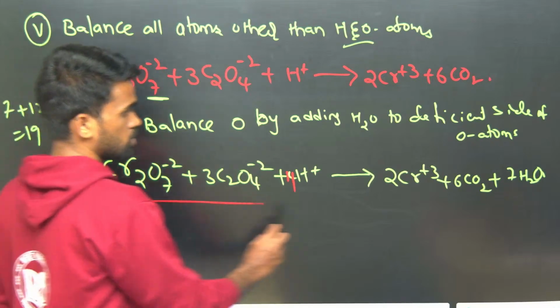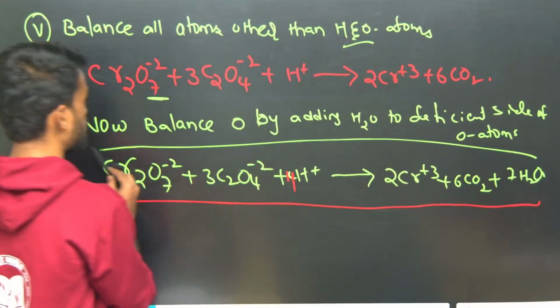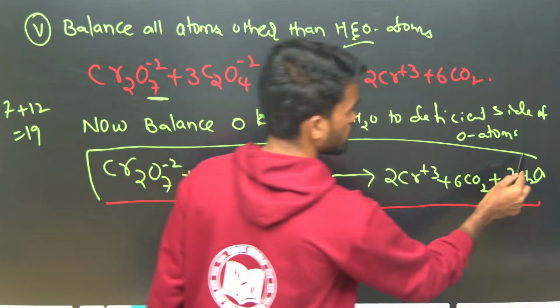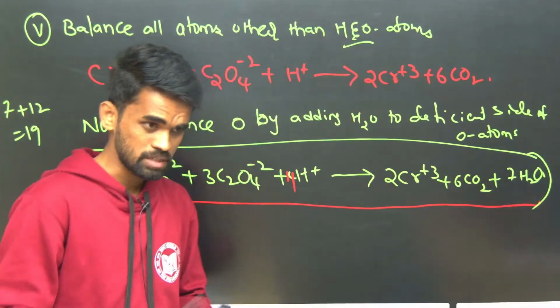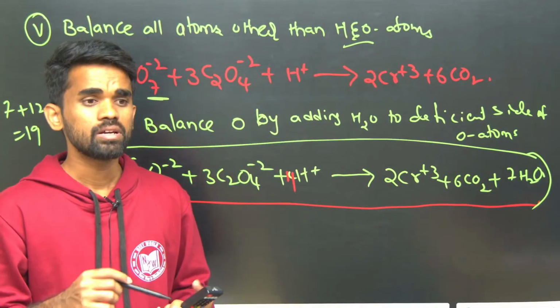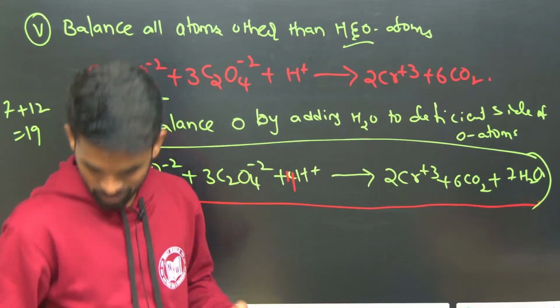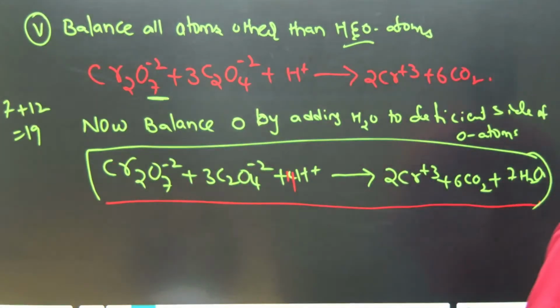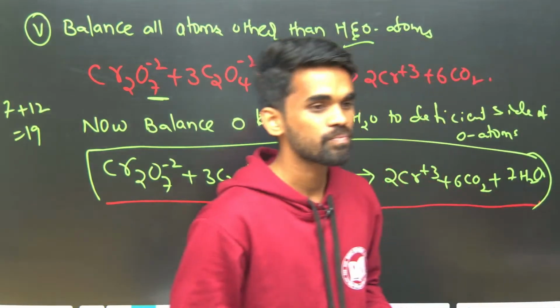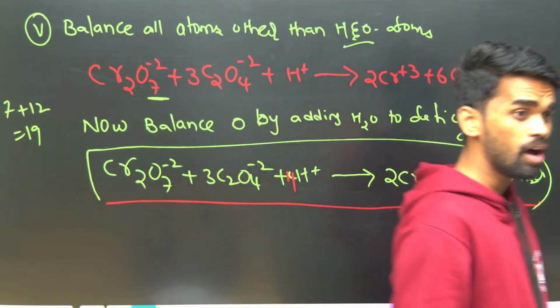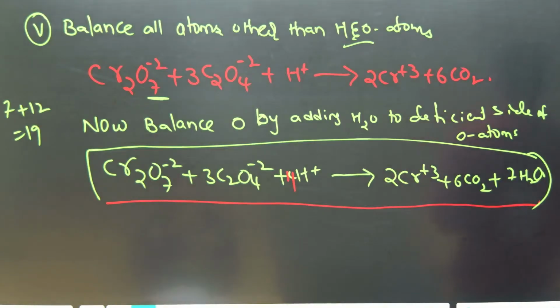Okay, so it is clear now. Tell me the steps once again. Everyone, write the skeletal equation. Assign the oxidation numbers. Next, identify the species undergoing reduction and oxidation.